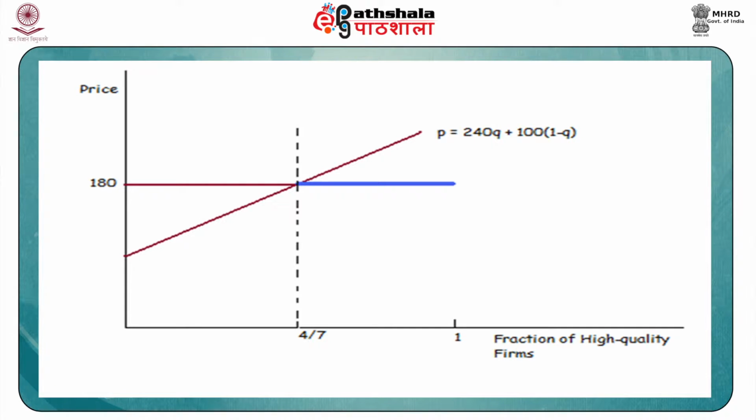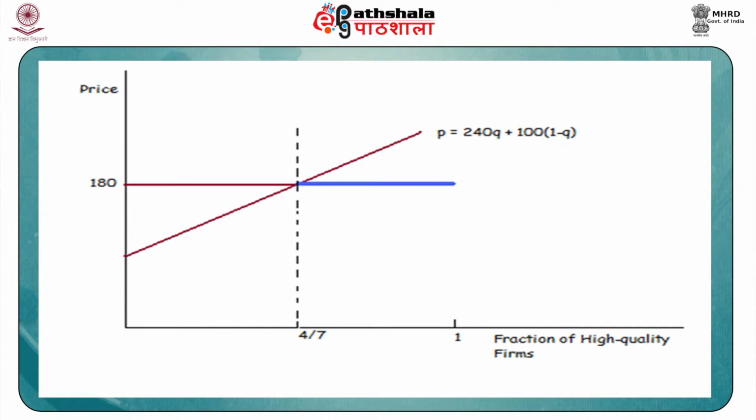So the supply conditions are summarized by the bold colored horizontal line at rupees 180. The slanted line represents the demand conditions. Consumers are willing to pay more if the average quality is higher.